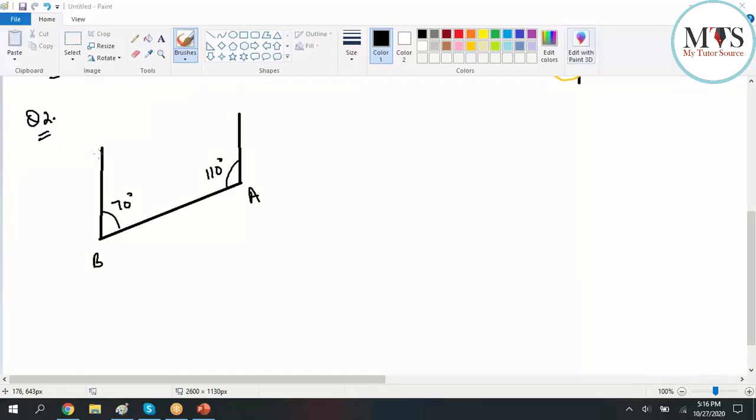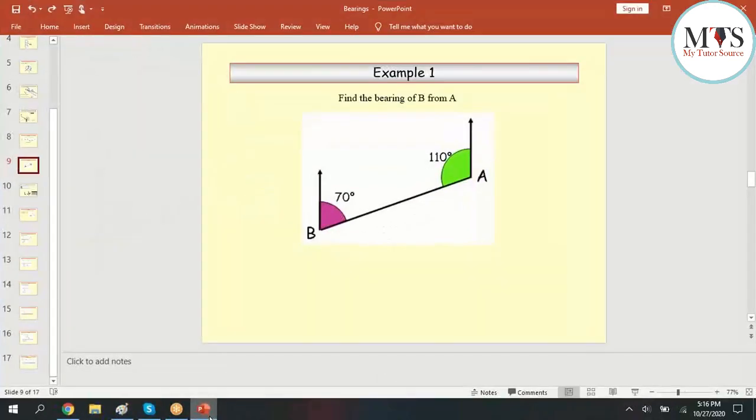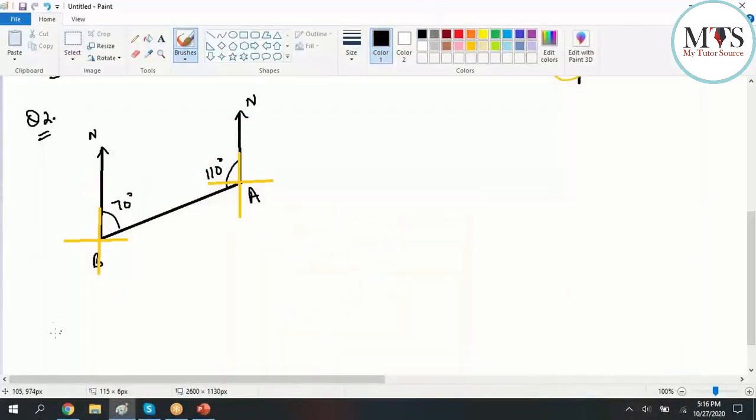Okay. So we have 70 and 110. First step, let's draw the axis. Let's use a different color for that. So that is one, that is the other. Keeping this in mind, what is the bearing of B from A?